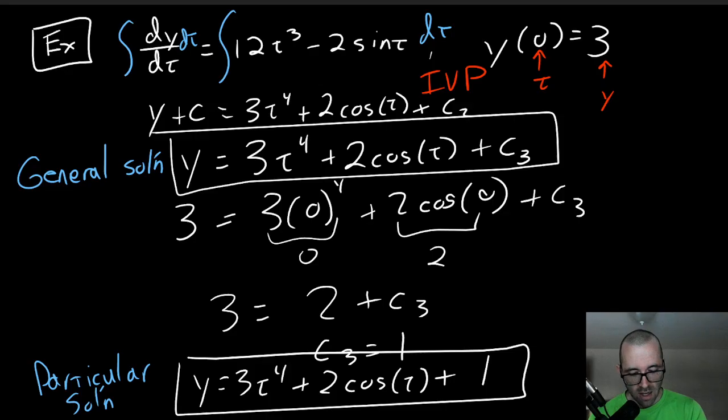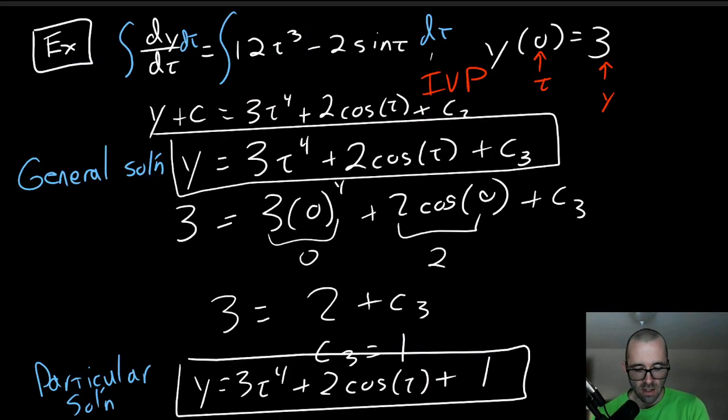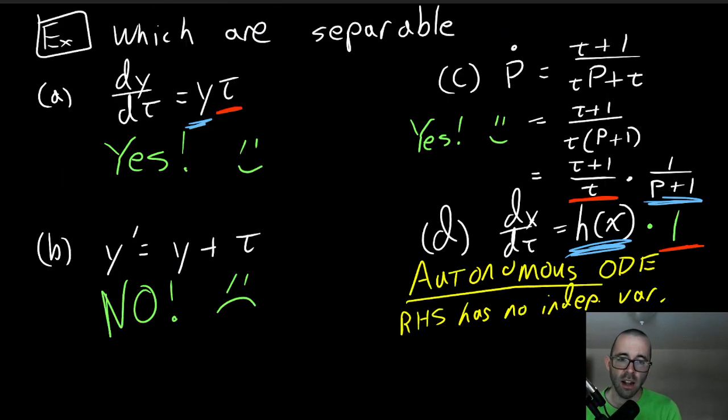If you think back to the previous section, basically everything was autonomous. All right, sorry, it's the differential equation, not the solution. This one is not autonomous, right? The differential equation has the independent variable. But section 1.1 had a lot of autonomous equations.